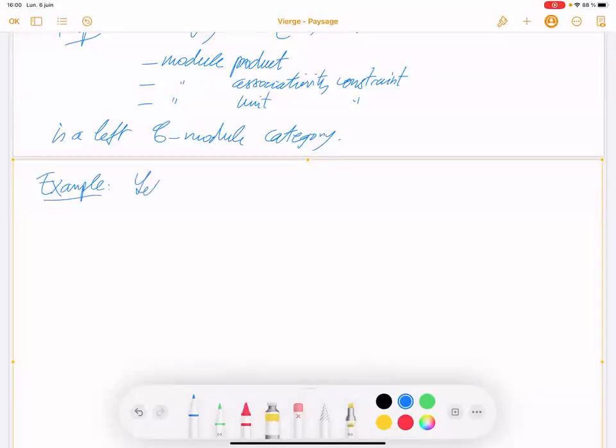So let A equal X tensor X star be the algebra object defined using the evaluation and coevaluation maps of last session.